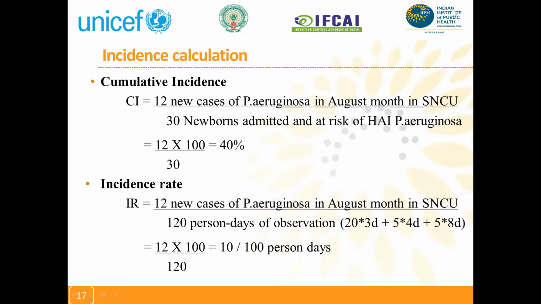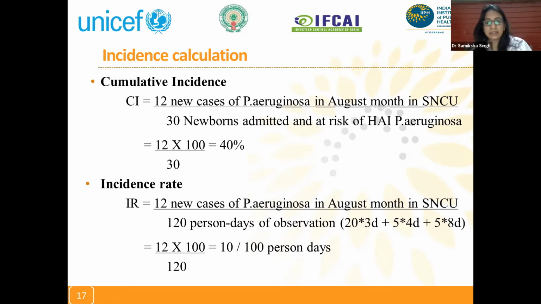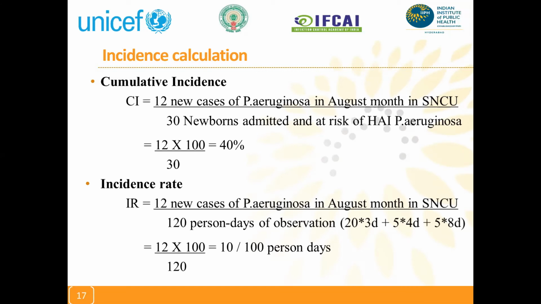Do you want to explain using one more example? I don't have an example on the screen, but we can just take an example. For catheterization, or urinary catheter again, the procedure days are how many days the catheter has been in place. So you sum up all the patients. Patient A had catheter for 3 days.